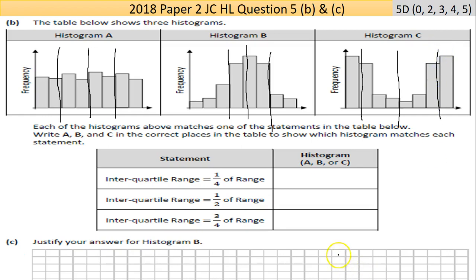It's going to be something like that. Remember, the height gives the frequency. Now, based on that, hopefully, this would represent how much of the overall range.